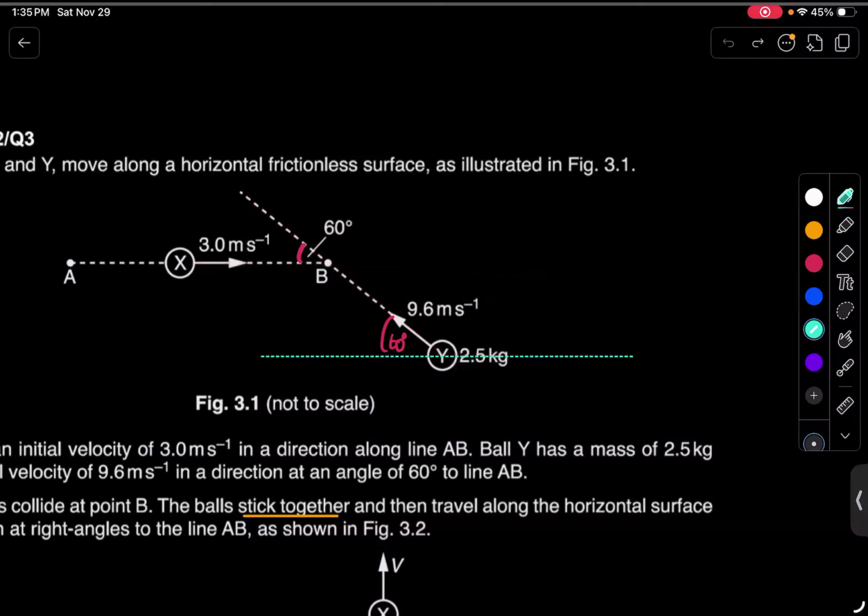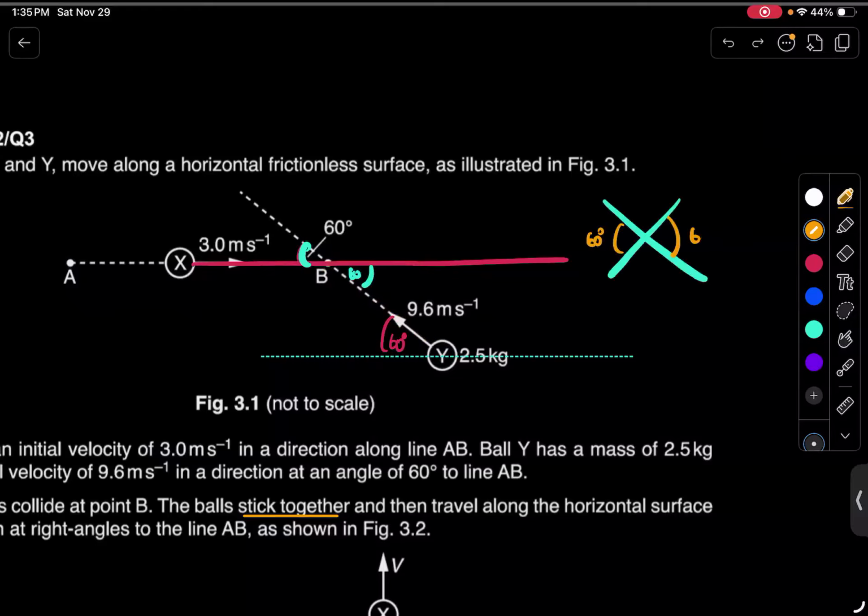Or you could also say that if this is 60, then with a cross, this is also 60. And if this side is 60, then these angles make a Z, so this is 60 and this should also be 60.